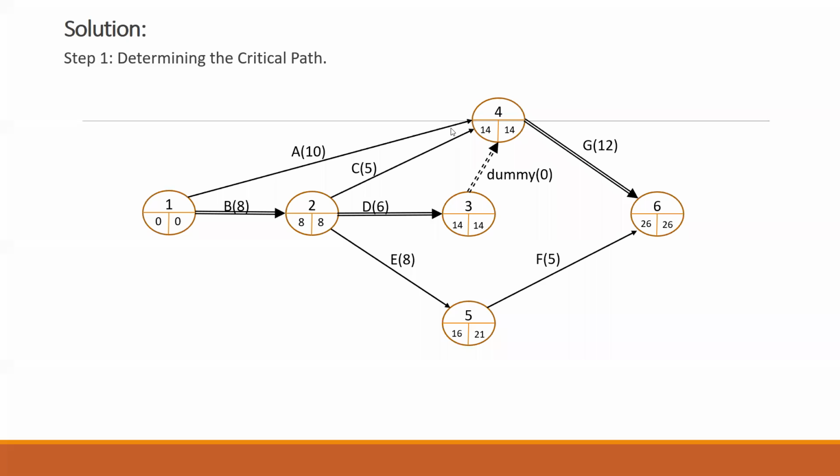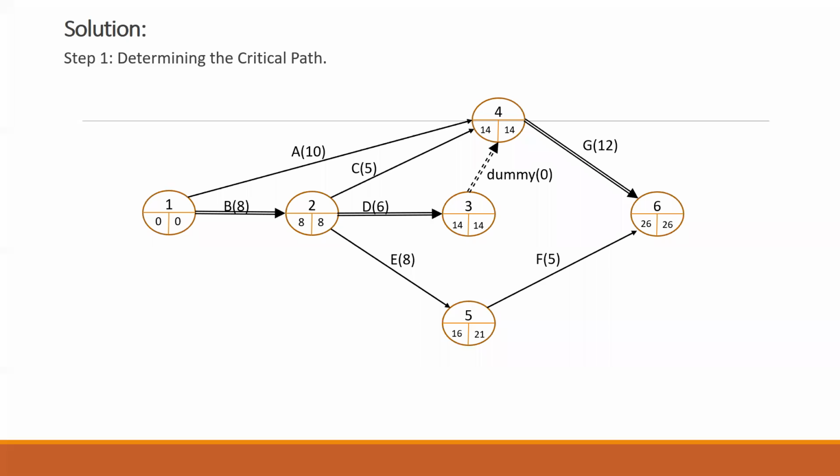Okay, Advaith, if you remember, as I told you, let us say from node 2 to node 4, I have one activity C, right? So there's C going here. Can I put one more line from node 2 to node 4? It's not possible.